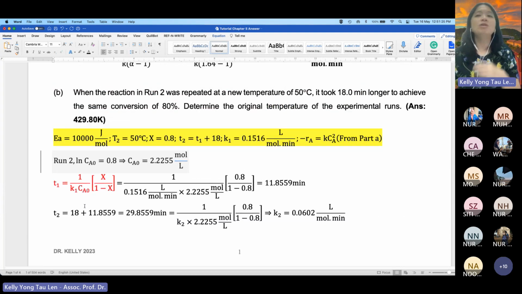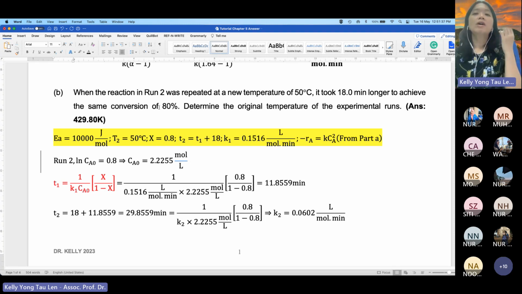That's why they give you this information. Dia kata ambil masa 18 minit lebih panjang untuk mencapai conversion yang sama. Maksudnya, kalau saya boleh tahu the original reaction time at my initial temperature, at my experimental temperature, kalau saya tahu masa tu, I add 18 minit kepada masa original tu, saya boleh dapat nilai K2 saya.